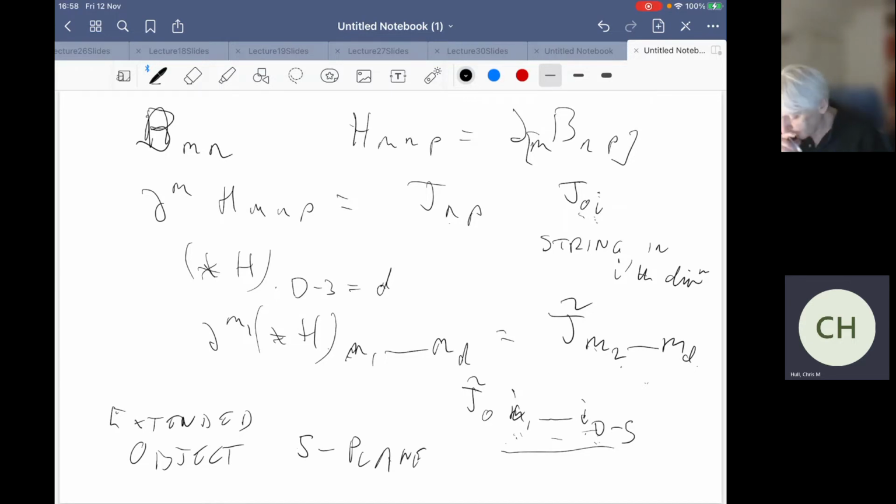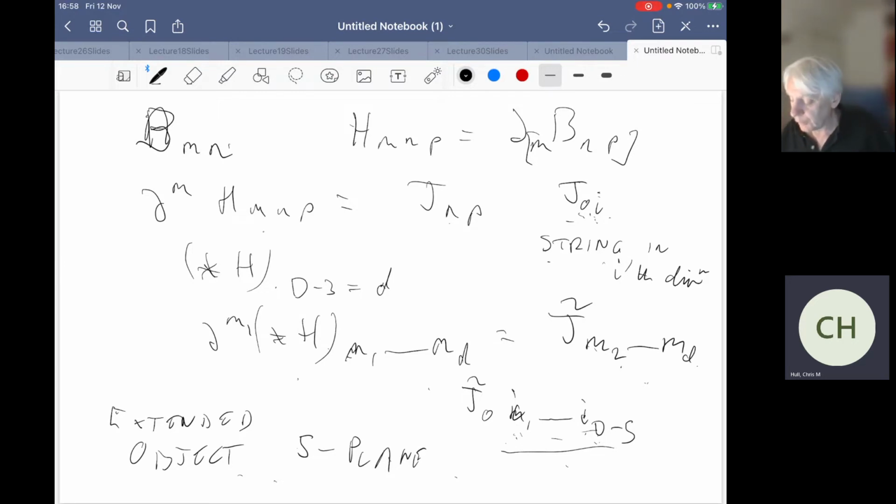And one can show in the supergravity theory that there are solutions which carry these charges. In particular, there are string-like solutions which couple to this 2 form, and there are 5 brane solutions, extended objects which extend not just in one direction like a string, but in 5 directions, giving what's known as a 5 brane, which should be naturally magnetically charged with respect to this form.